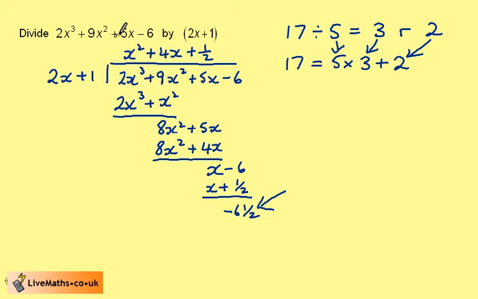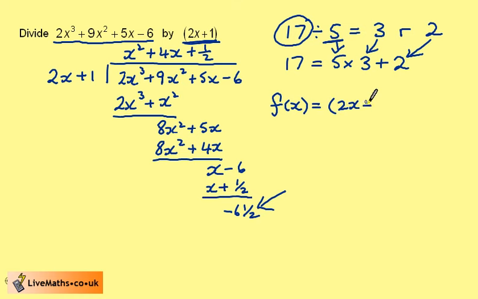We want to write this in a similar way. We'll call this f of x, and it's the same as the 17. This is the divisor, so is in the same position as the 5. This is the quotient, so takes up the same position as the 3.